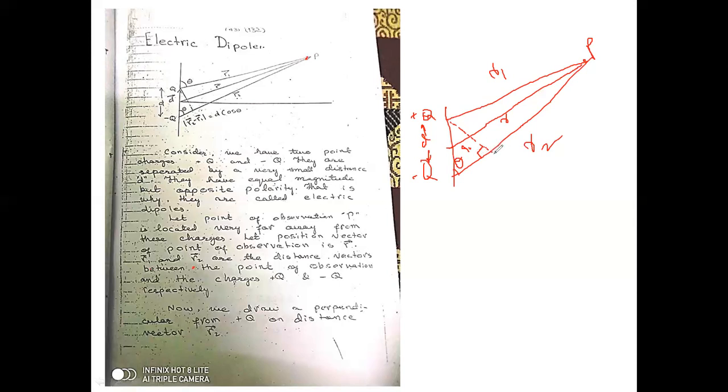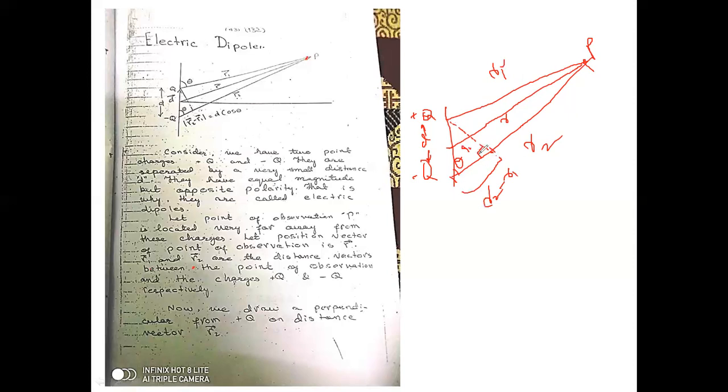This distance from here to here is equal to r1. So how much distance will it be? This whole is r2, this part is r1, so the remaining part will be r2 minus r1.